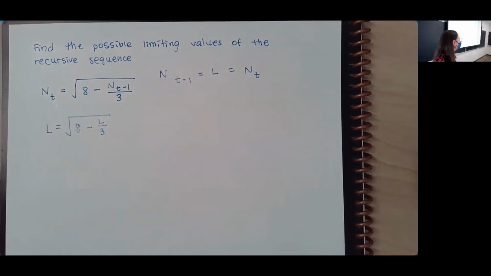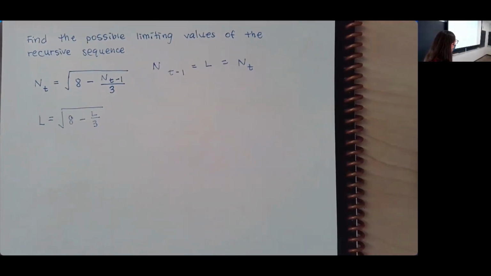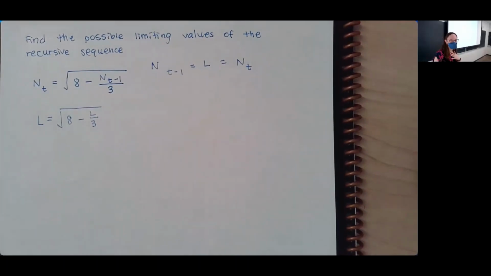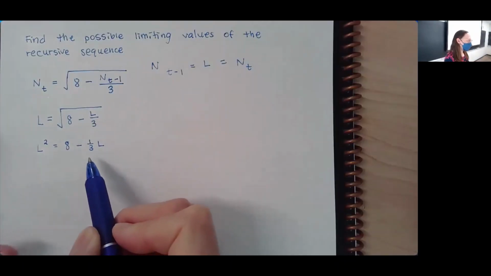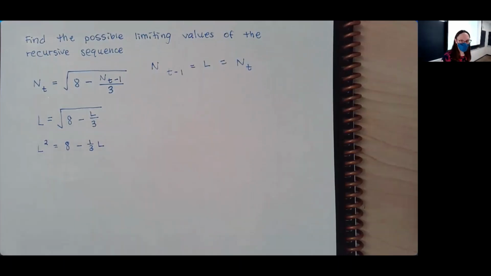Do you all want to play with the algebra on your own for a minute, or do you want to watch me play with the algebra? I'm good either way. Yeah, so I'll give you all a minute to try to solve that for L. Personally, I would get rid of the fractions by multiplying both sides by 3. That's not the only option.